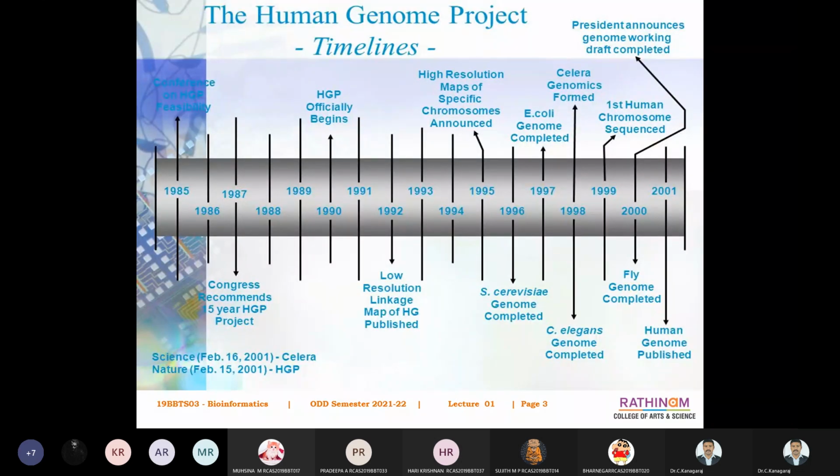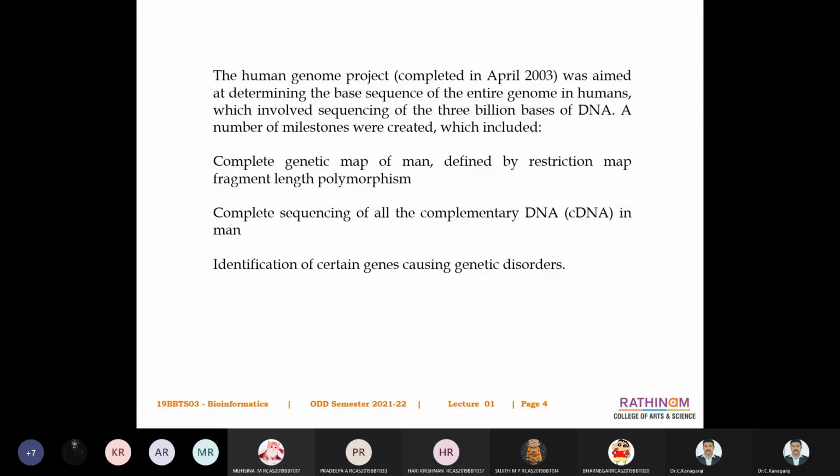The main target of bioinformatics is the human genome project. The successful completion of the human genome project was in April 2003. The main targets of the human genome project are the genetic map of man, defining the restriction fragment length polymorphic character of individuals, the complete sequence of the complementary cDNA, and identification of genes causing genetic disorders.